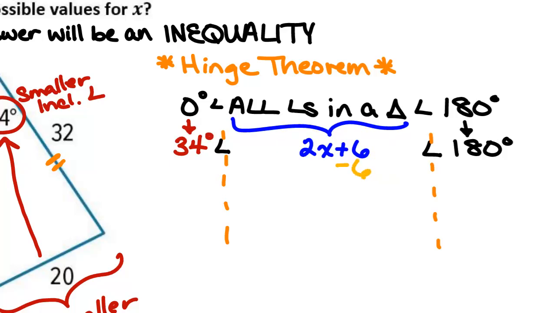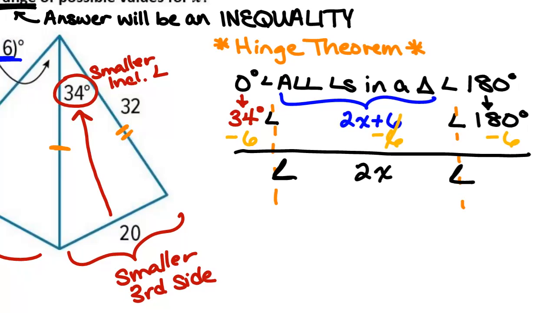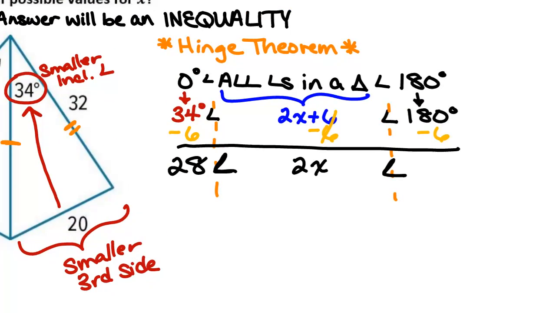How do I get rid of the 6? Subtract. So I'm going to minus 6, and you got to do it to both of the other sides as well. So in the center, I have 2x remaining. Bring down my inequalities. What is 34 minus 6? 28. What is 180 minus 6? 174.